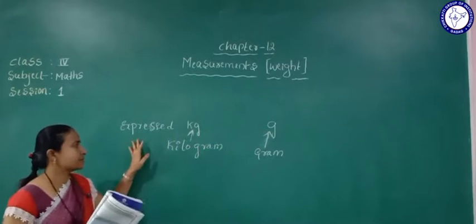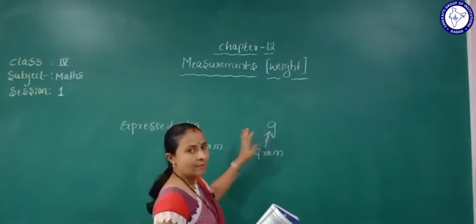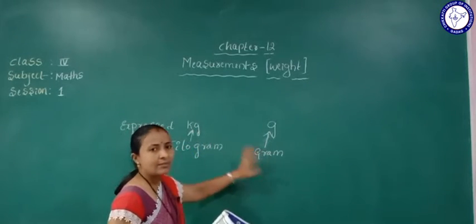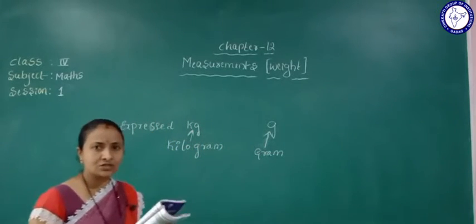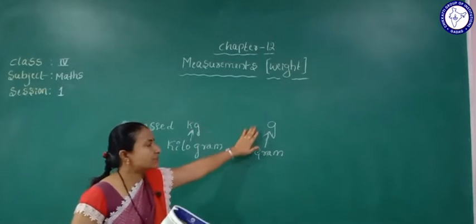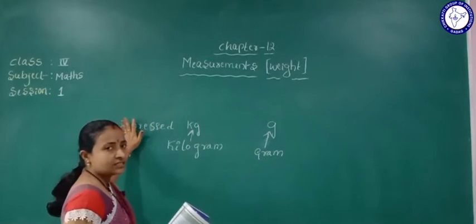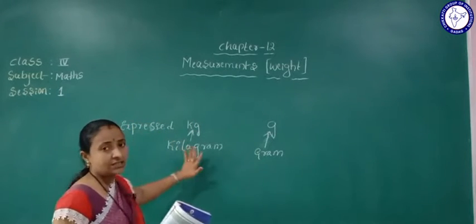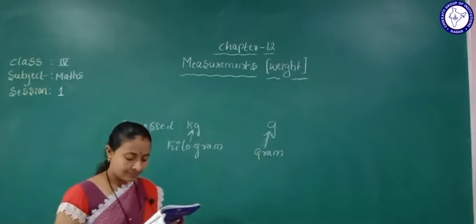So these are expressed as kg and g. Kilogram, gram, kg, g. Understood? Kilogram is represented by kg. Gram is represented by g. So the weighing units are expressed in kilogram and gram.